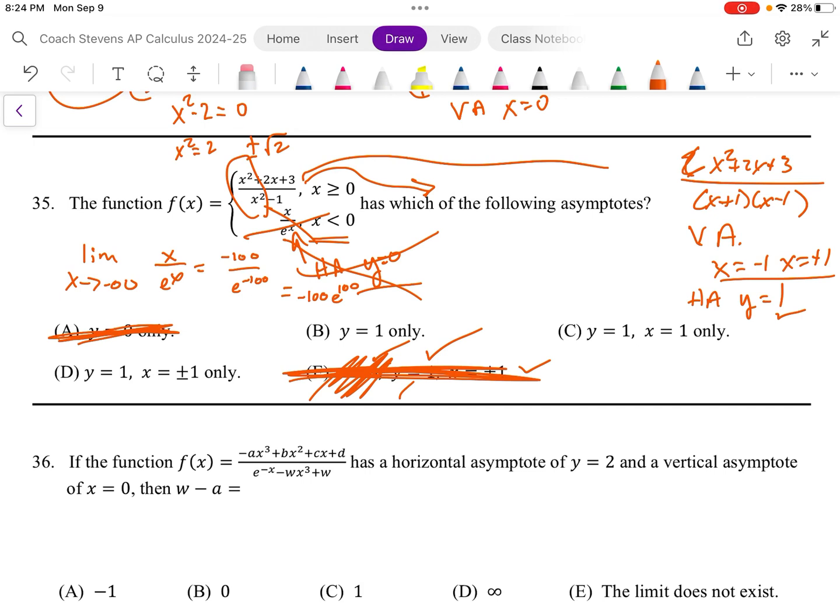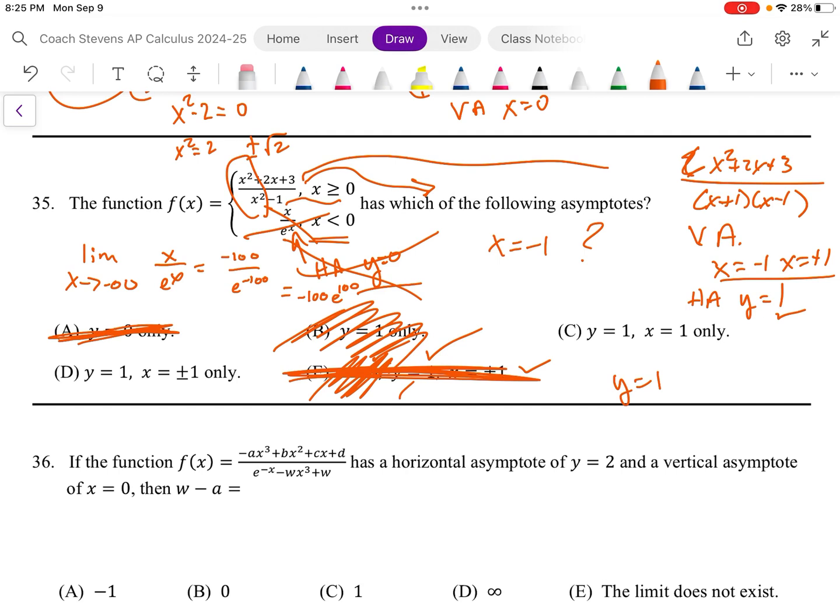And then I do like y is equal to 1, which all 3 have. We do know we have vertical asymptotes down here. So that crosses off B. And then now, there's the difference of what about the asymptote at x equals negative 1?